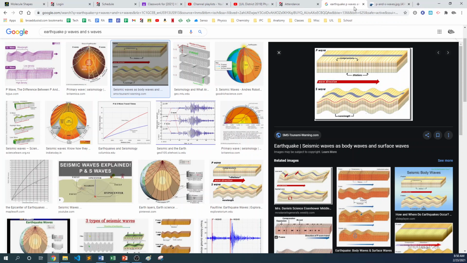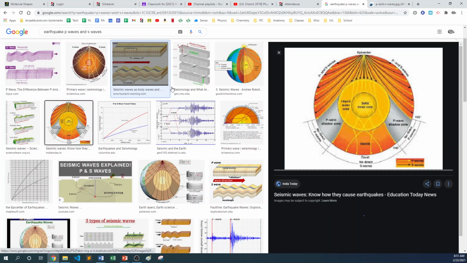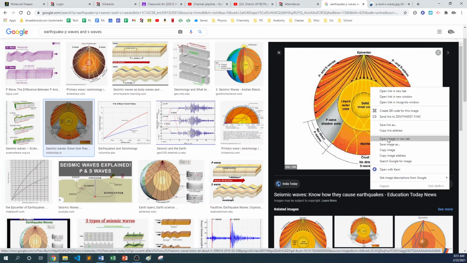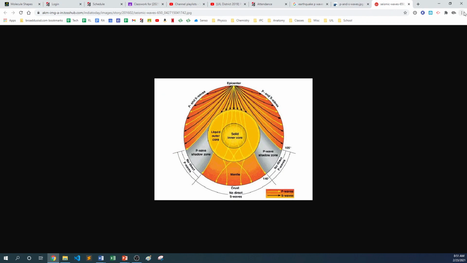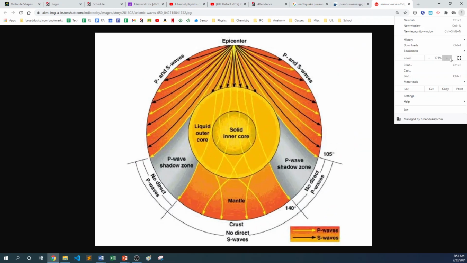How do we know what the inside of the Earth is like? How do we know what the core is like? We can put seismic detectors all around the world, and we have a particularly strong earthquake.